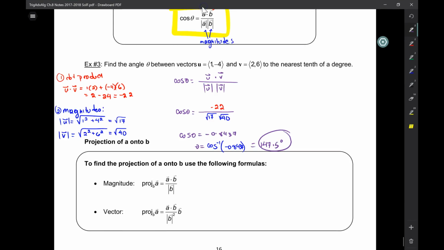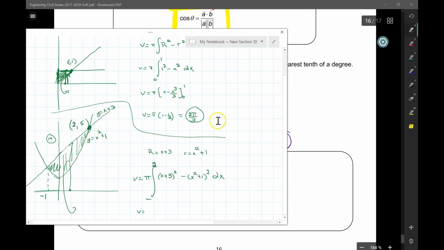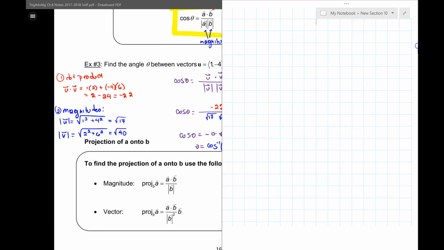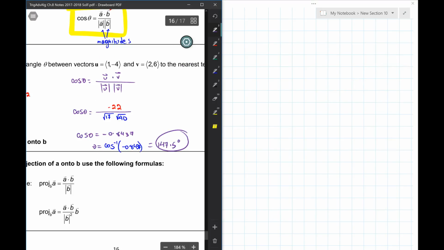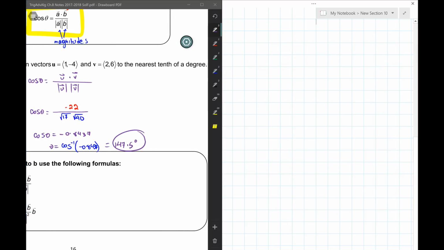Let's think about that for a minute. Let me graph those two here. What were those vectors? U and V. U is 1 and negative 4: 1, 2, 3, 4, so it goes like that.